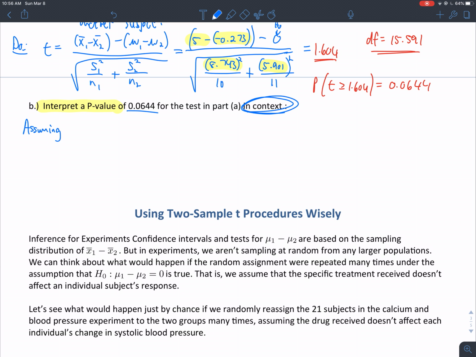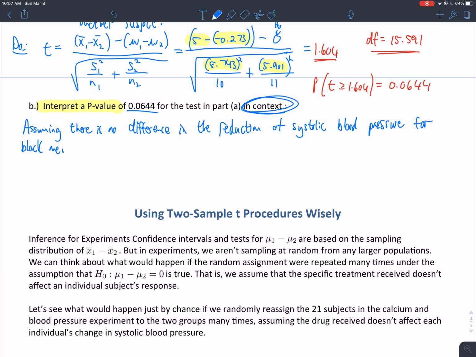All right, this is a long sentence. Okay, assuming there is no difference in the reduction of systolic blood pressure for black men who took calcium and those who took a placebo.